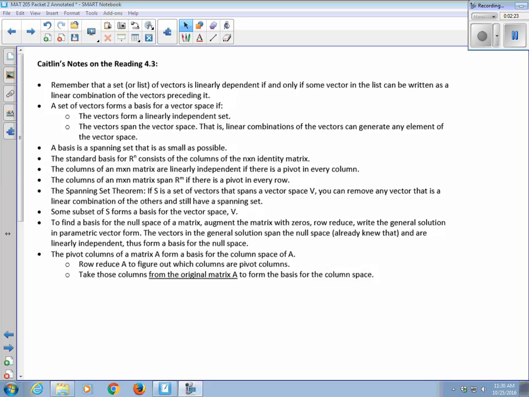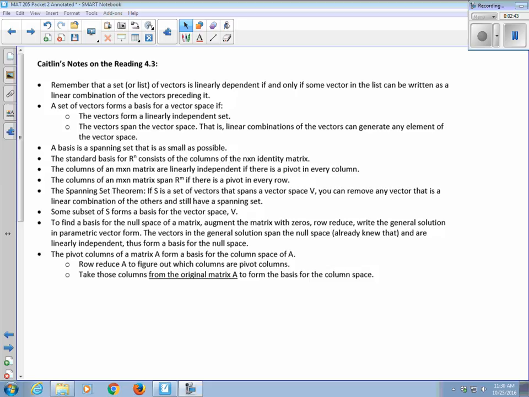But for the column space, I mentioned there were extra vectors in there. The column space is the set of all linear combinations of the columns of the matrix. So you could just write the span and list all the columns of the matrix. But there's some redundancies because some of those columns might be linear combinations of the others.